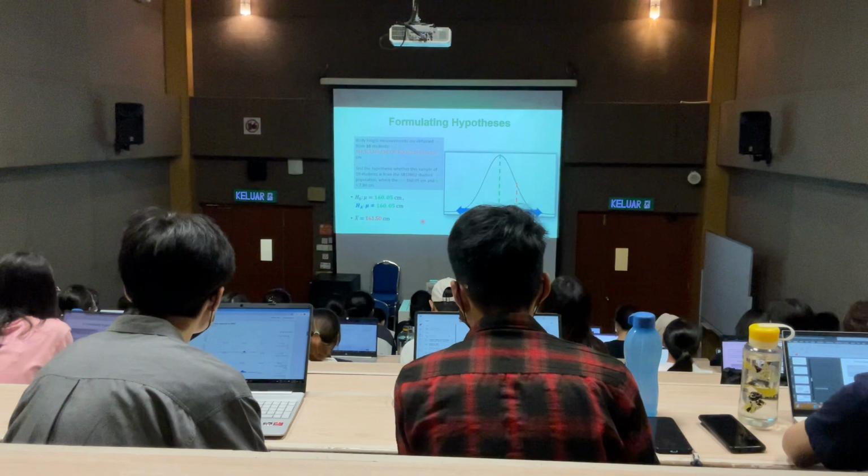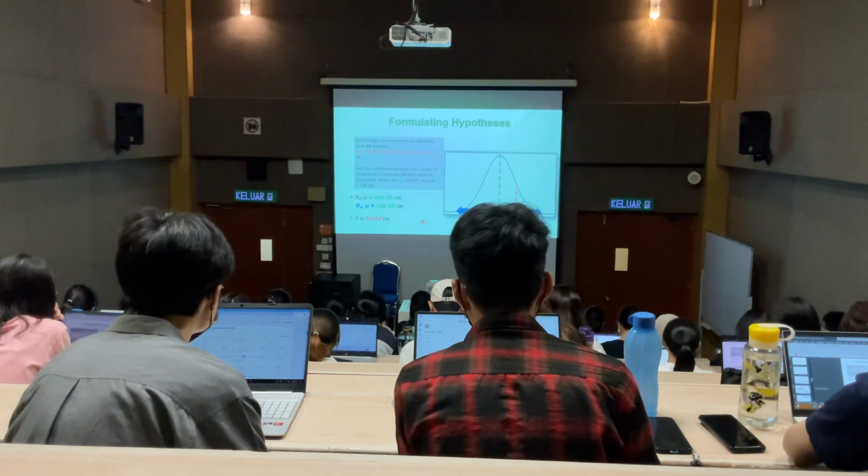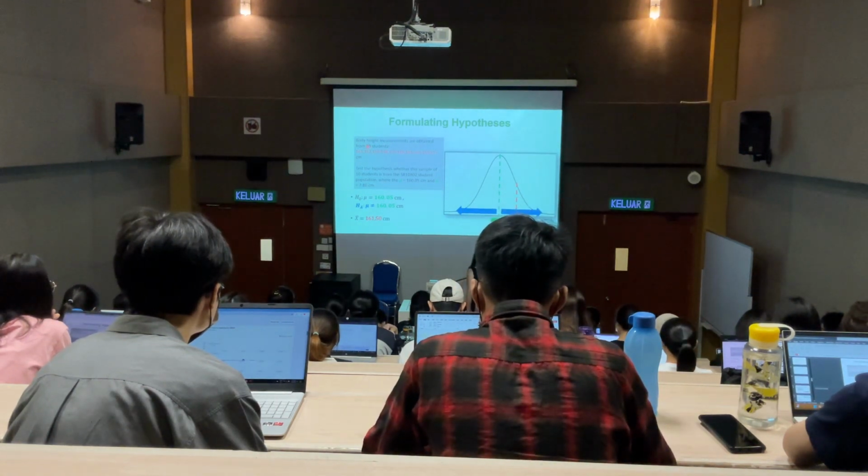Okay, let's say you already formed your null hypothesis and alternative hypothesis. So here's an example. A body height measurement obtained from 10 students. This is your raw data.